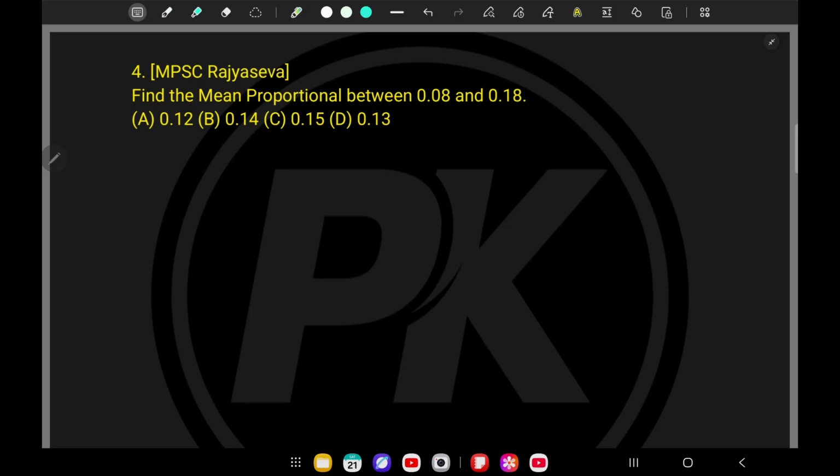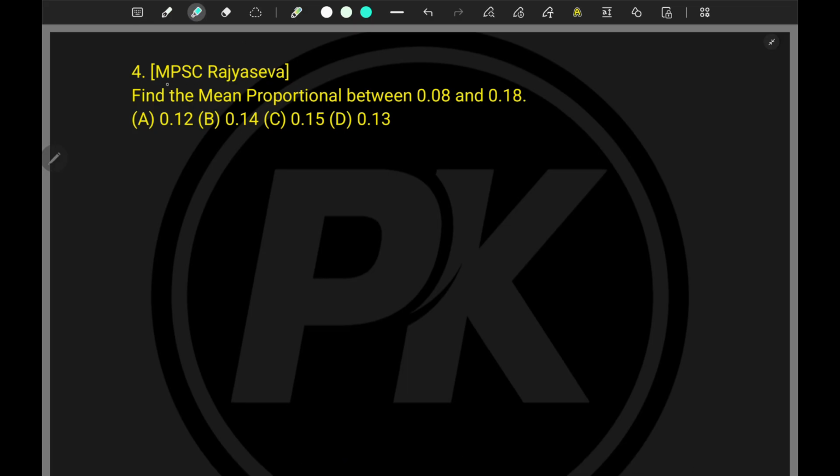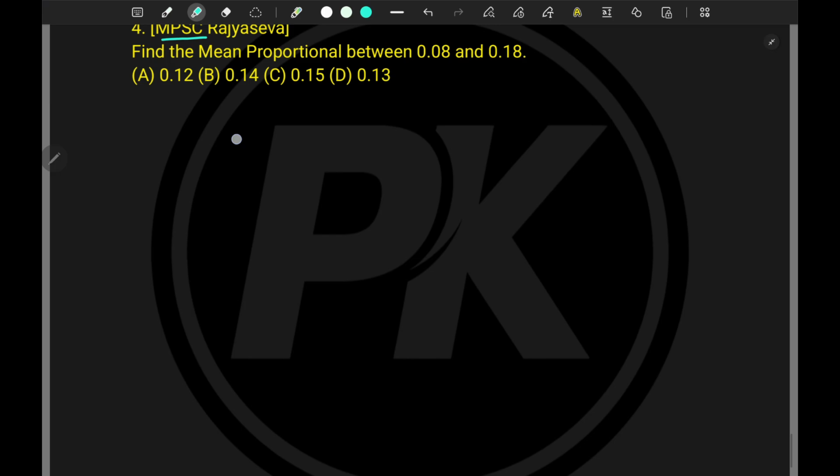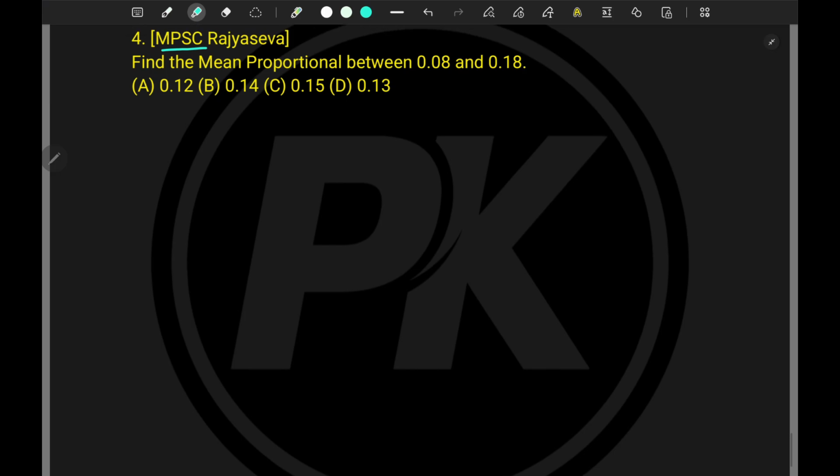Okay, this is a similar type of example which was asked in MPSC Rajyaseva. What they asked is: find the mean proportional between 0.08 and 0.18. Now we have seen what mean proportional means.